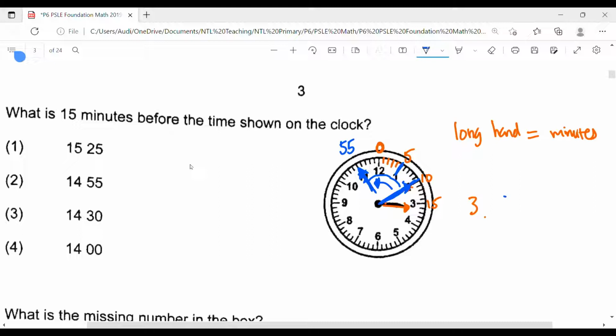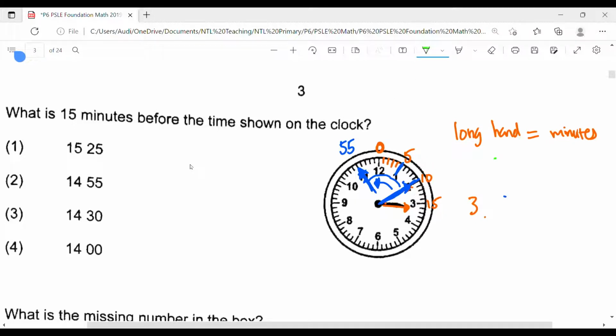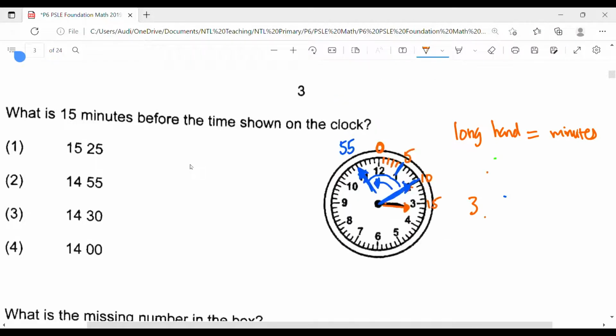Let me clarify that. Remember what we say about doing the 5 times table here? So we go 5, 10, 15, 20, 25, 30, 35, 40, 45, 50, and this is 55. The question says before the time shown, right?